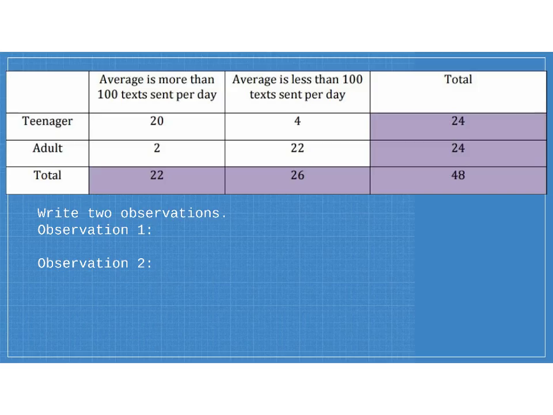So a couple observations that stand out to me is when I look at the breakdown of teenagers versus adults, there is a major split or major difference in the age groups of where they fall.